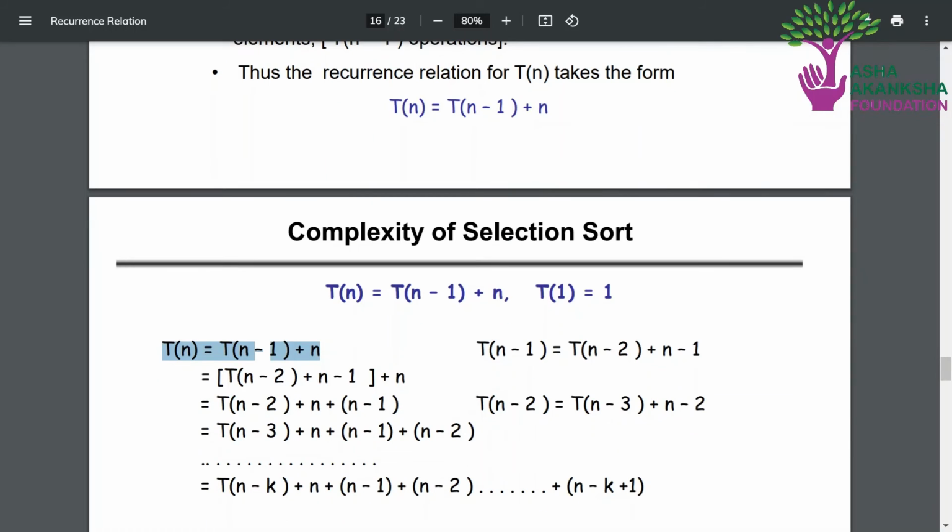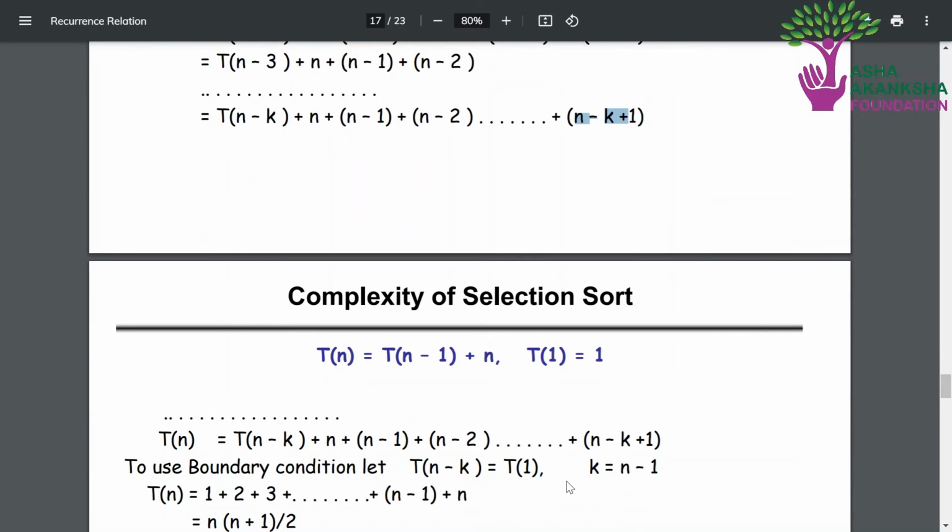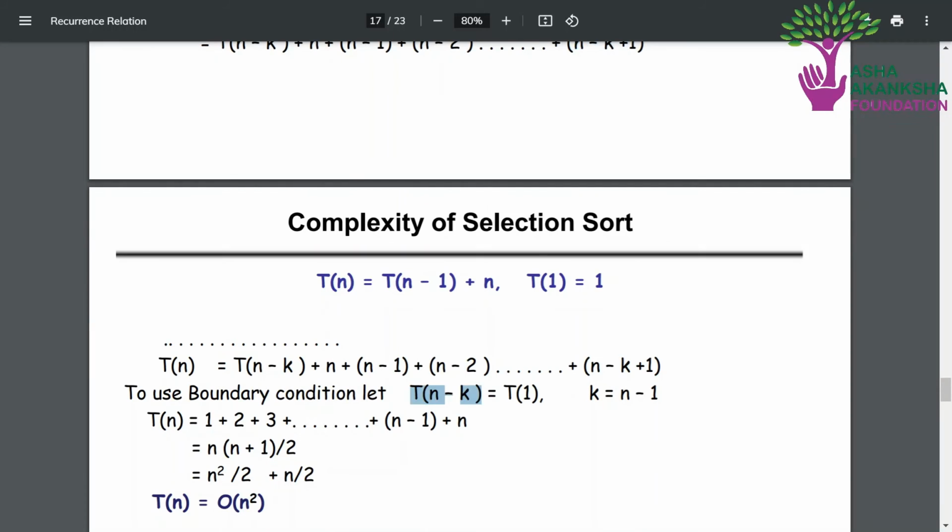We'll expand it like this, and at the final, the kth expansion, we will get T of n equals T of n minus k plus n, and this is an AP series actually, plus n minus 1 plus n minus 2 till we get n minus k plus 1. So we will use the boundary condition over here that T of n minus k equals T of 1, because we know that T of 1 equals 1, which is the boundary condition.